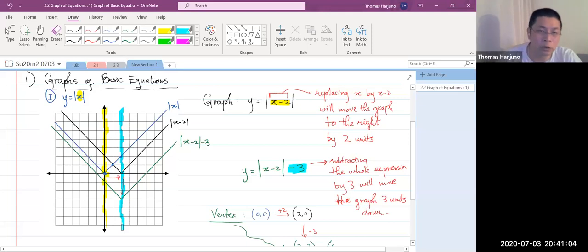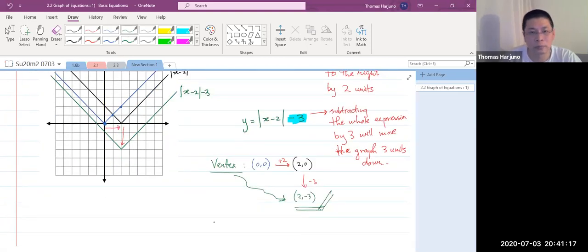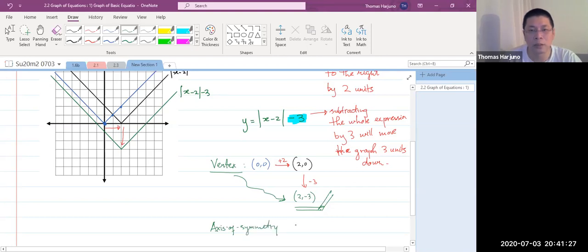When you move it down 3 units, the axis of symmetry doesn't move. So the axis of symmetry is now x equals 2, originally from x equals 0.